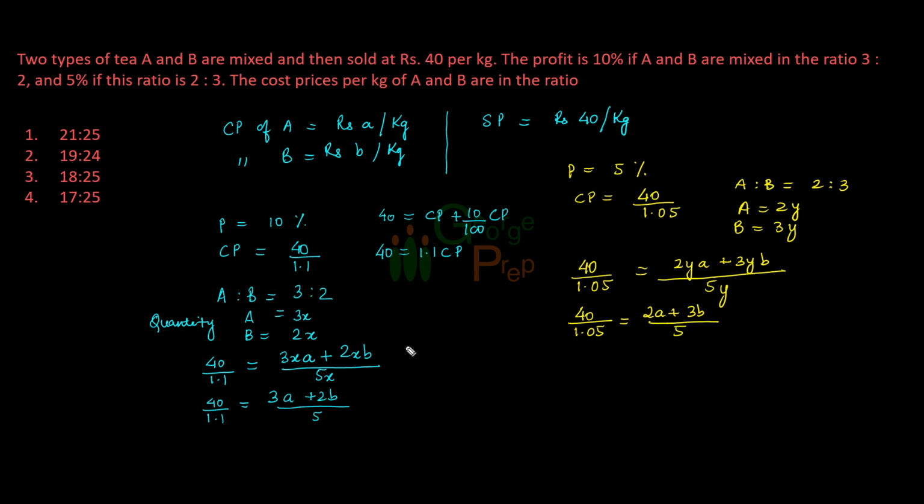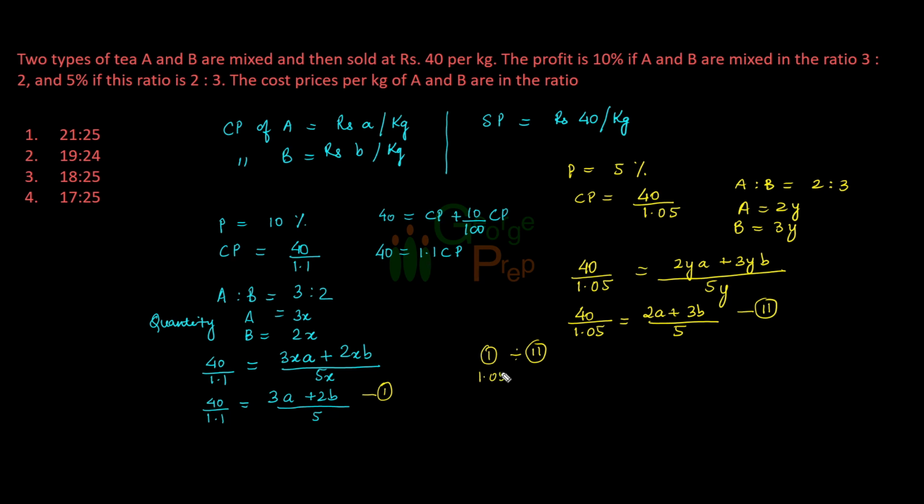So we have got two equations and we have to find out the ratio of prices of A and B. Let me take this as the first equation and this as the second equation. We can do 1 divided by 2. When we divide, 40 gets cancelled, and 1.05 comes in the numerator.